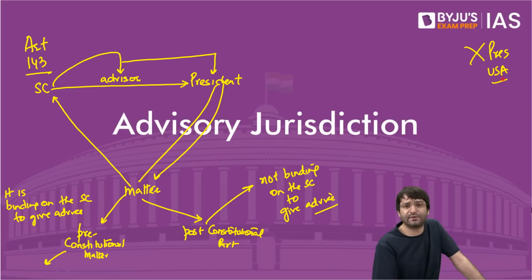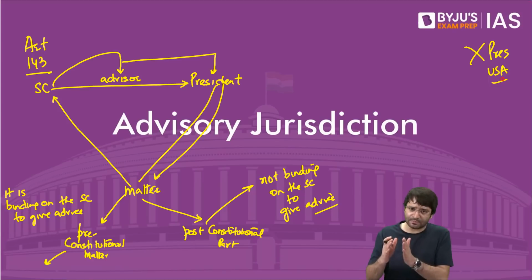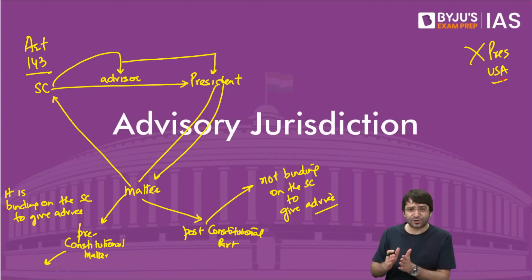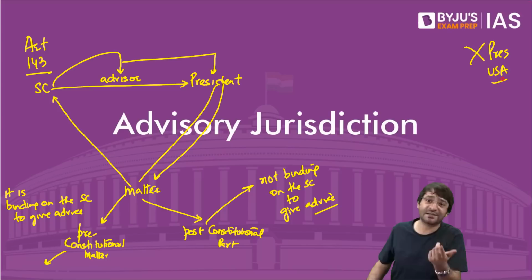It's a unique power available with the President, that the President can refer any matter to the Supreme Court, asking for the Supreme Court's advice on that matter. But this matter can be either a pre-constitutional matter or a post-constitutional matter. If it's a pre-constitutional matter, the Supreme Court does not have original jurisdiction, but it has advisory jurisdiction.